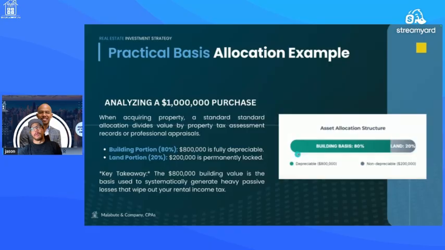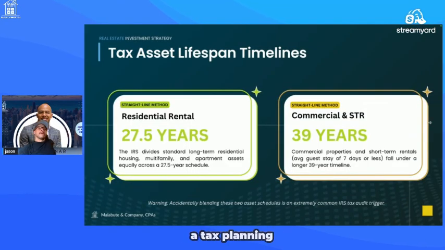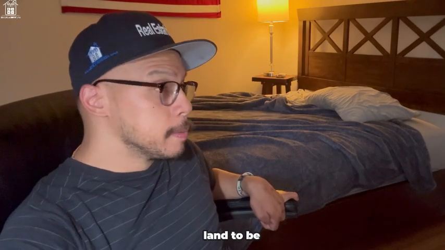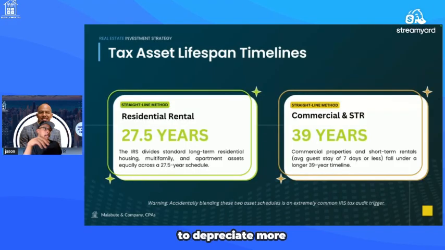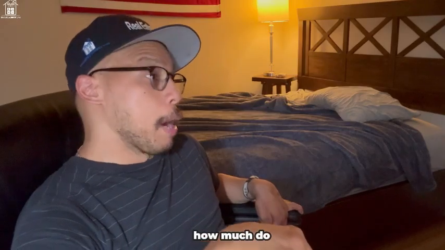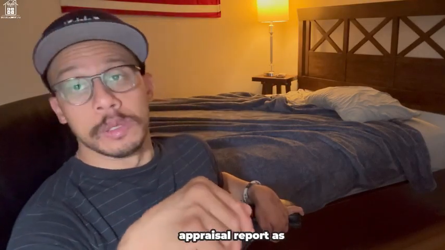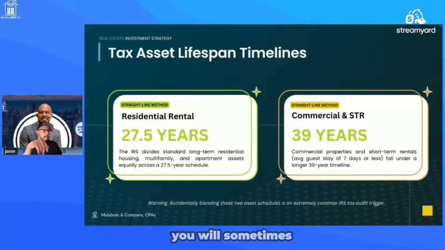Obviously from a tax planning perspective, if you're trying to do bonus depreciation or cost segregation, you want the land to be as small as possible so you get to depreciate more of the building. But remember, you don't get to make that up. You have to check the county records and see how much they allocate to land. Another place to check is the appraisal reports as well, where you'll sometimes see how much is allocated to land.